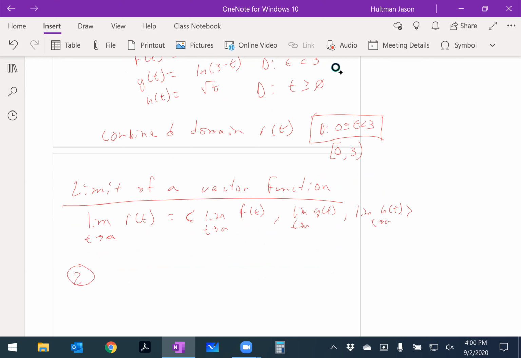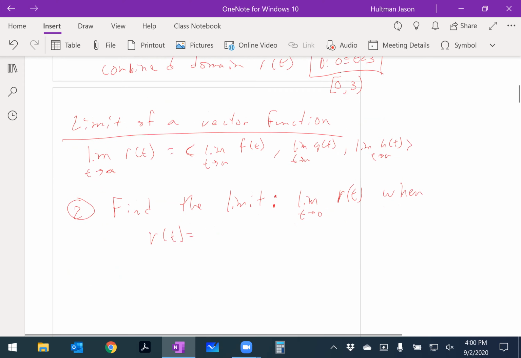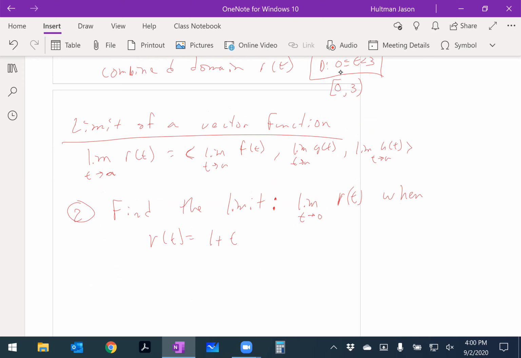Okay, number 2, find the limit as t goes to 0 of r of t when r of t is equal to 1 plus t cubed i, plus t e to the negative t j, plus sine of t over t k.